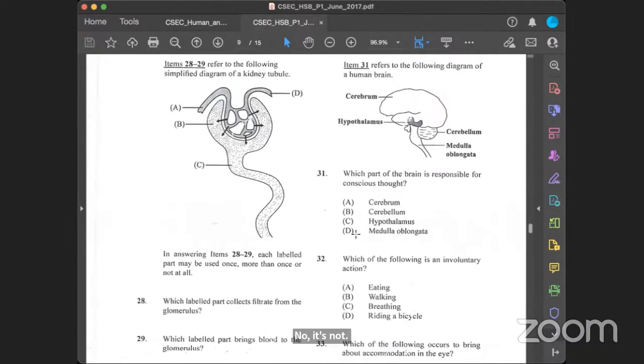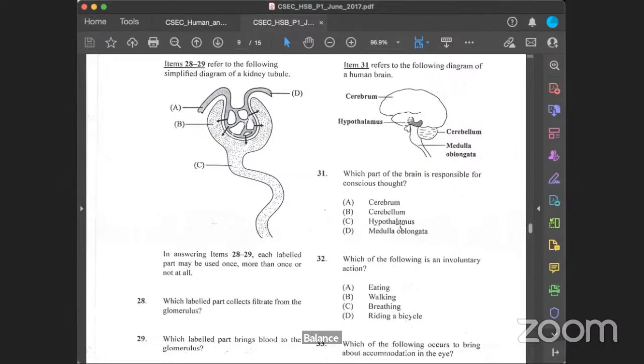31. Conscious thought. What part of your brain does conscious thought? The cerebrum. A. Cerebrum. Cerebellum does what? Balance and posture.